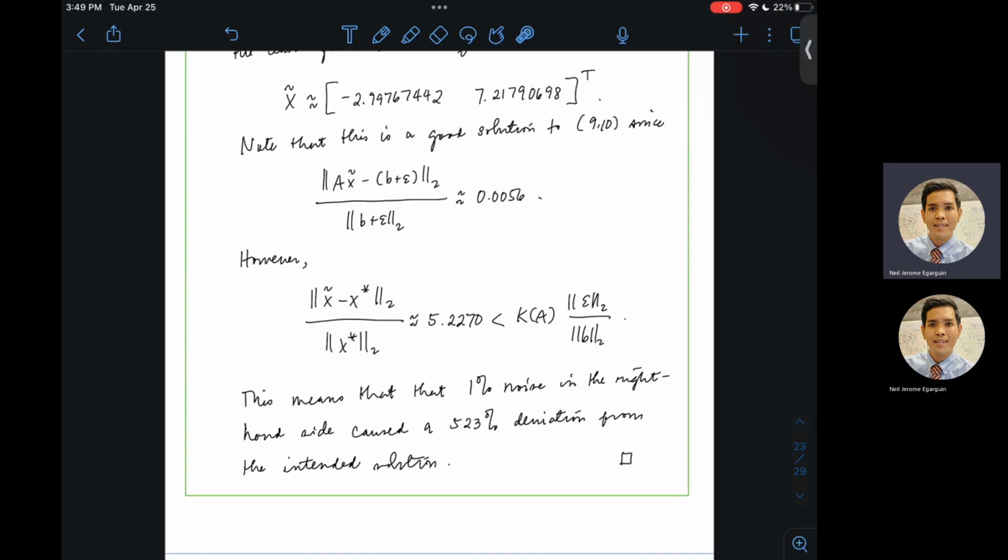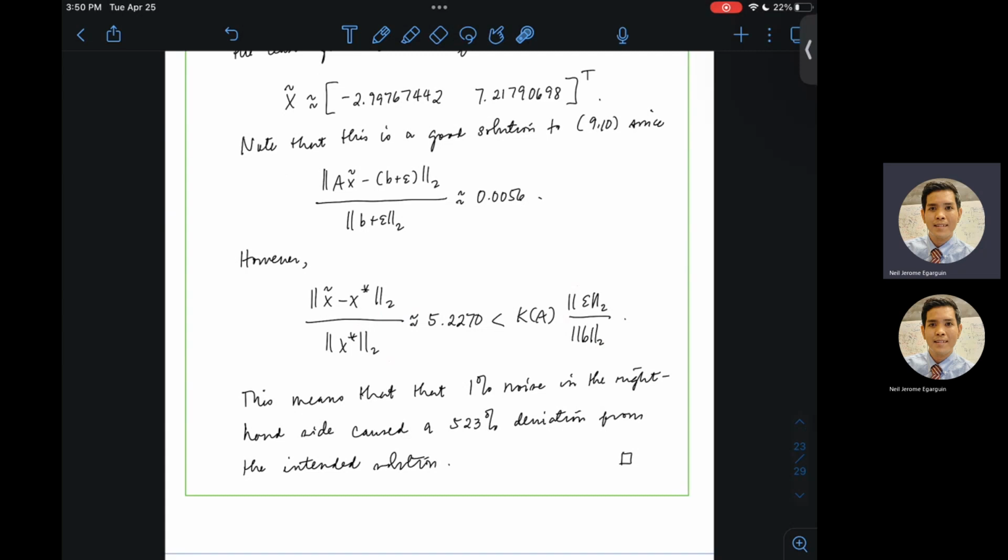That means there's a 522% difference, or close to 523%, between the noisy solution and the exact solution, right? And that is true because it's bounded by 660, which is kappa, the condition number, 629 point something, times 1.05%.